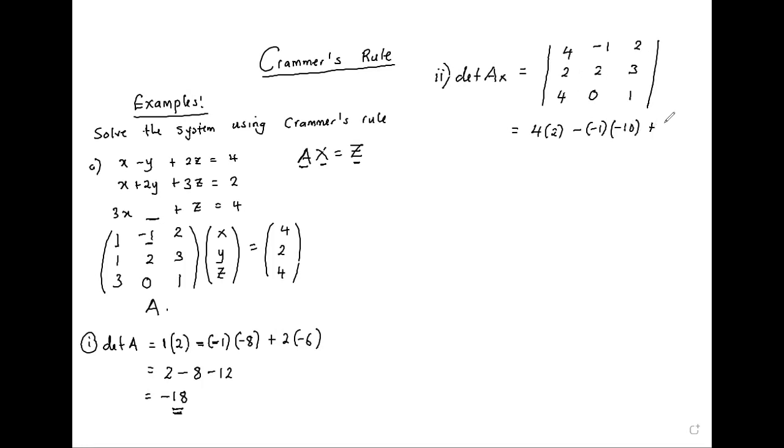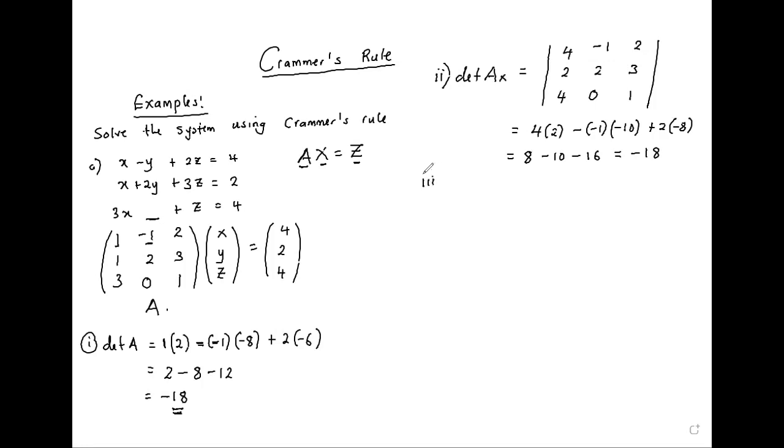And then plus 2, cancel, cancel. We have 0 minus 8, so that is minus 8 there. So we get 8 minus 10 minus 16, which is minus 18.